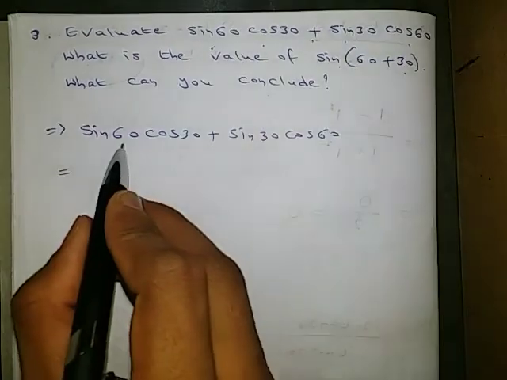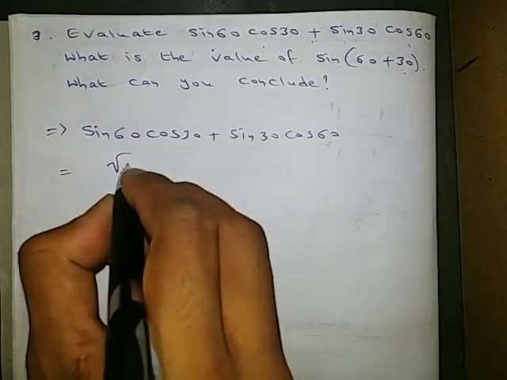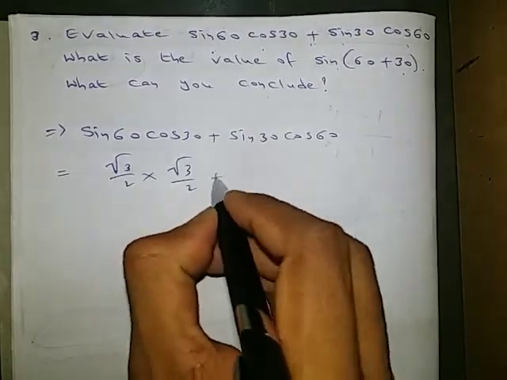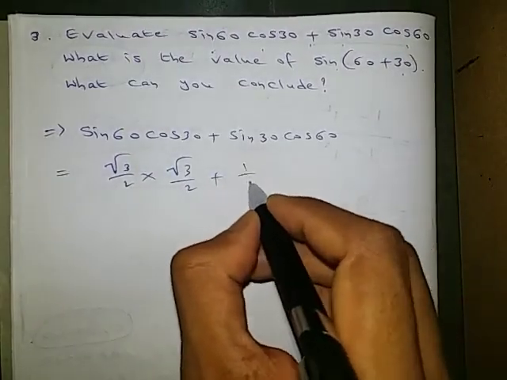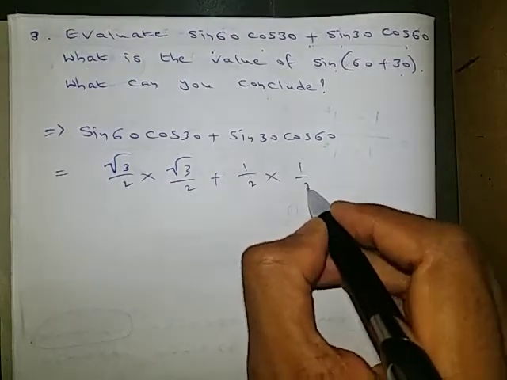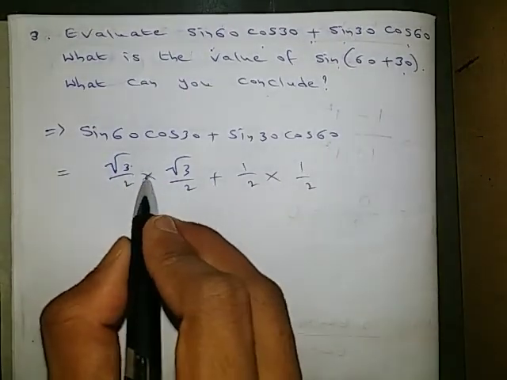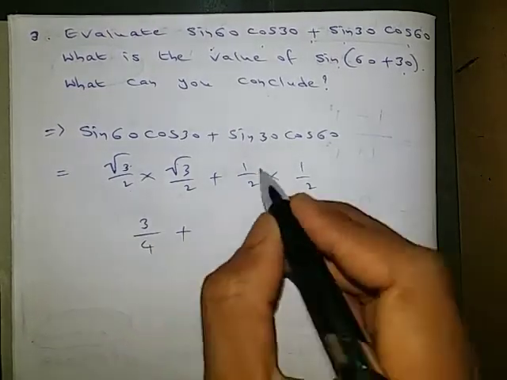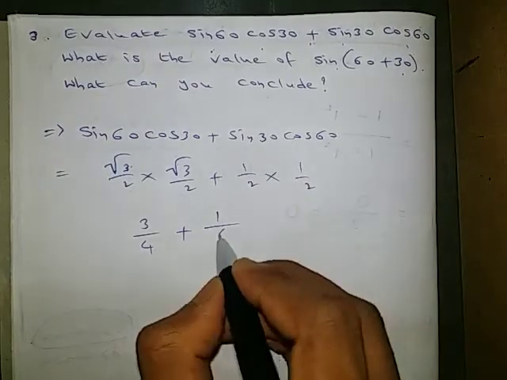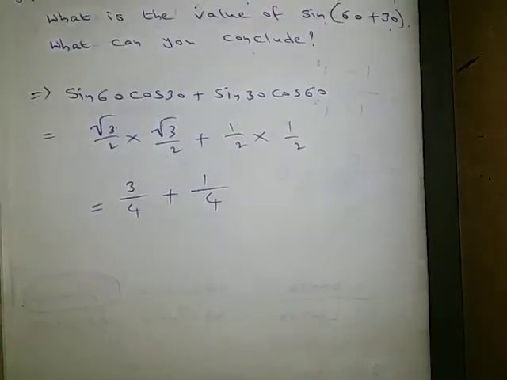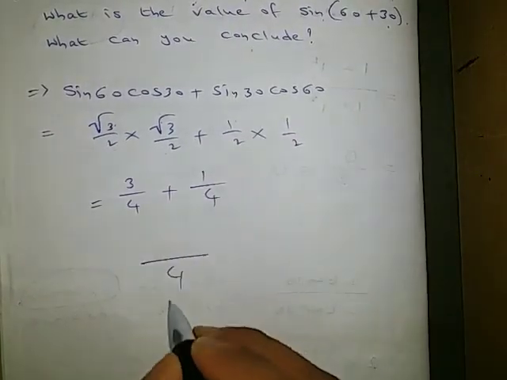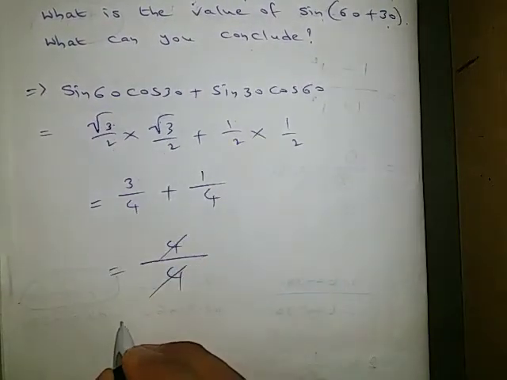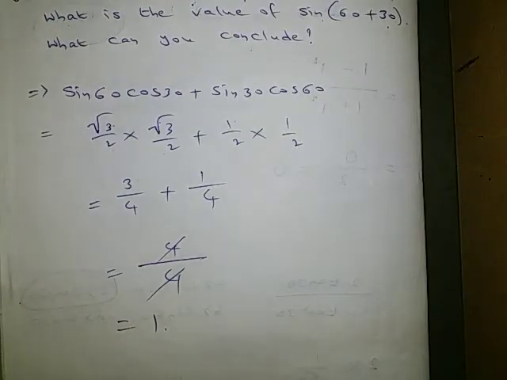Let us substitute the values. Sin 60 root 3 by 2 into cos 30 root 3 by 2, plus sin 30 1 by 2 into cos 60 1 by 2. Root 3 into root 3 is 3, by 2 into 2, 4, plus 1 into 1, 1 by 2 into 2, 4. So now here both the denominators are same, so we can add the numerators. 3 plus 1 is 4. 4 will get cancelled, so we remain with 1.